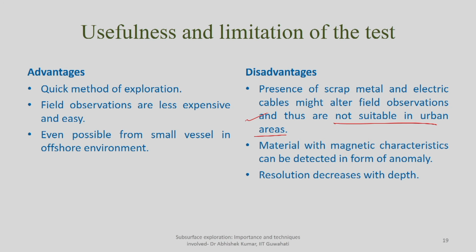Again, material with magnetic characteristics can be detected. Material which does not have magnetic characteristics, you cannot use this for subsurface medium identification. The resolution decreases with depth, and it decreases very quickly with depth. So, that is another limitation with this particular method.